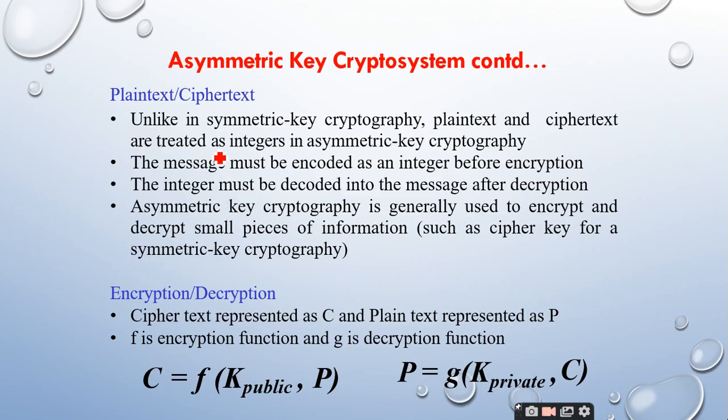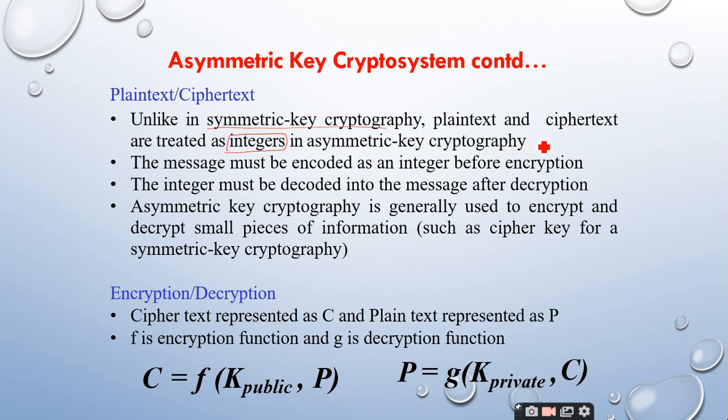Yes, sir. Right. Coming to the other topic, the ciphertext and plain text. As I told you in the differences between symmetric and asymmetric, what are the plain text and ciphertext in an asymmetric key cryptosystem? Is it textual data, or symbols, or numbers? Numbers, sir. Super, right. So unlike in symmetric key cryptography, plain text and ciphertext are treated as integers, numbers, in asymmetric key cryptography.